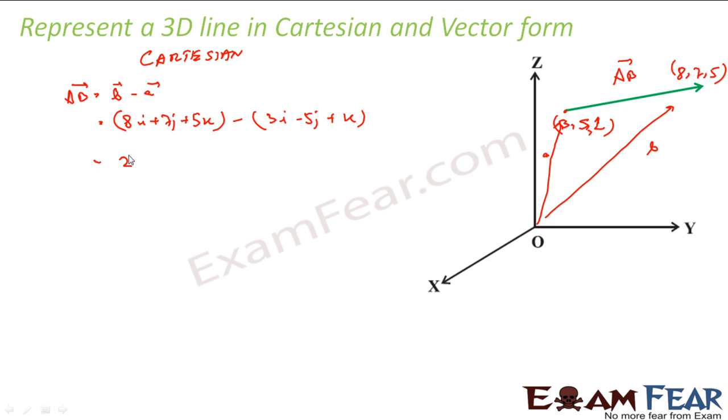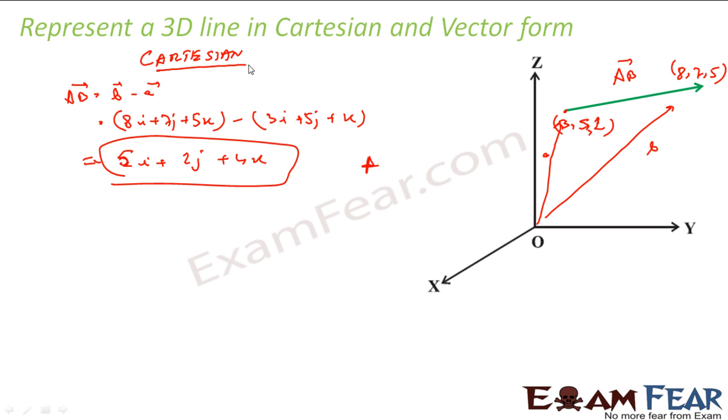So subtract this, this is 5i plus 2j plus 4k. This is a vector representation. This is easy because we know how to find it for 2D. A similar concept we can use, but finding the Cartesian form of the 3D equation is difficult.